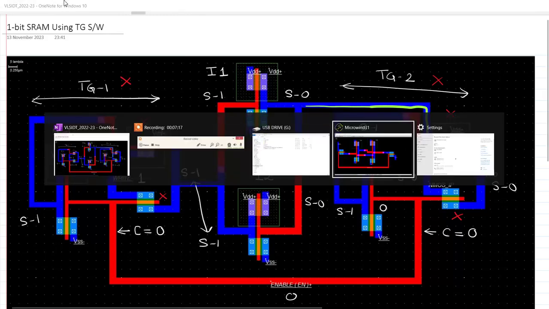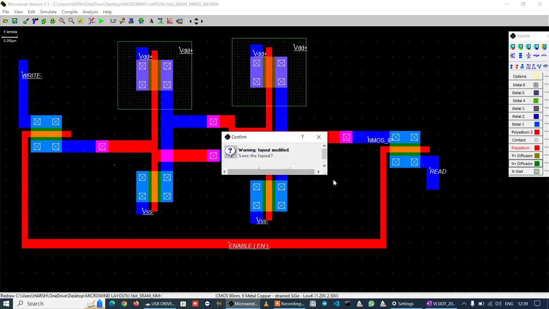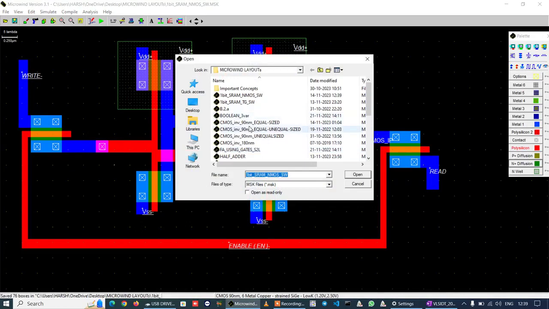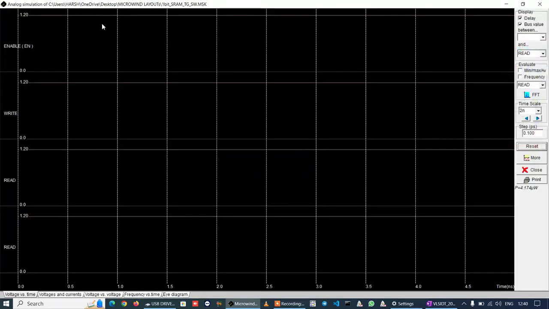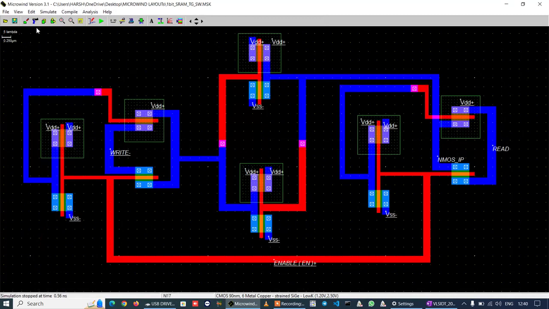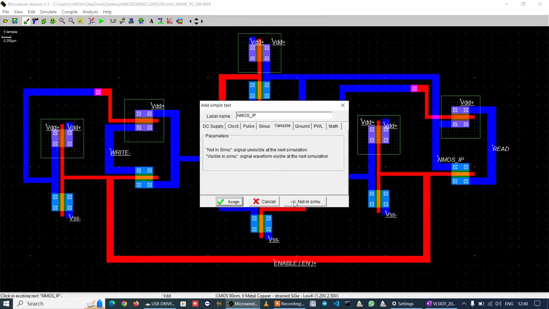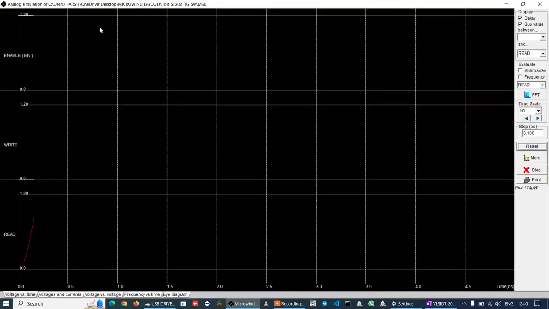Let us see what the simulation shows. For enable equal to 1, write equal to 0, you can see here that we get read equal to strong 1 because it is attaining a value 1.2 volts, which is nothing but the VDD for 90 nanometer technology.